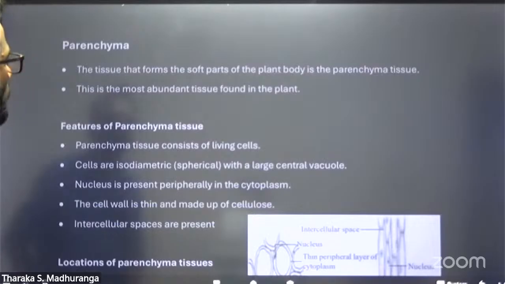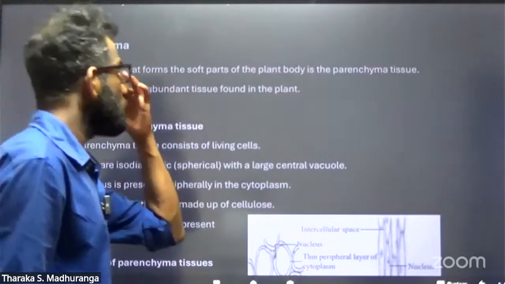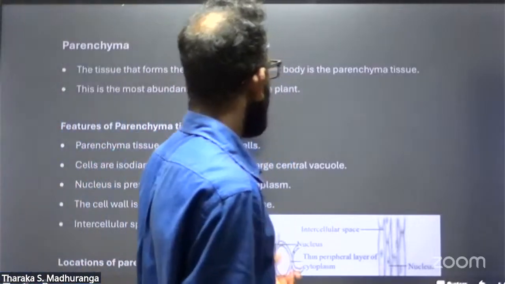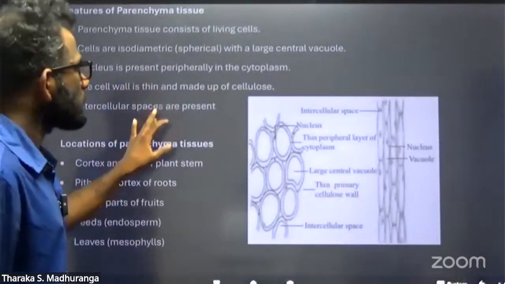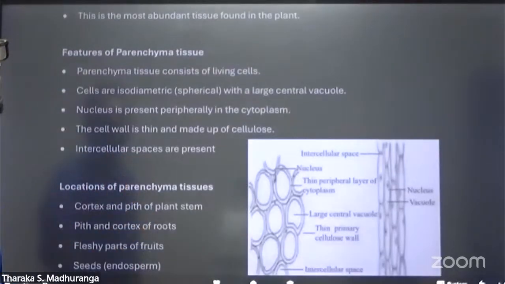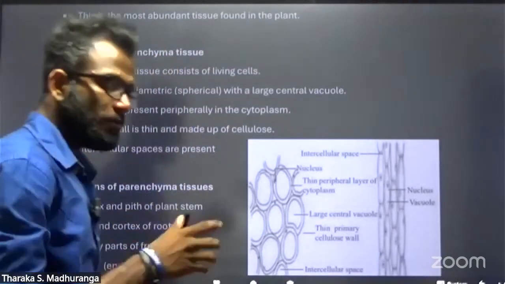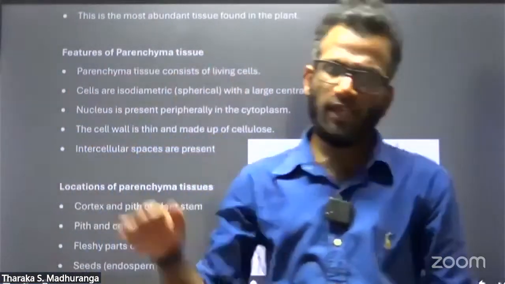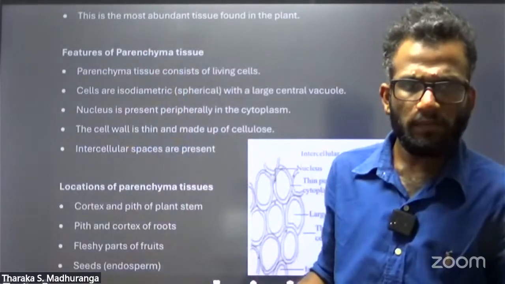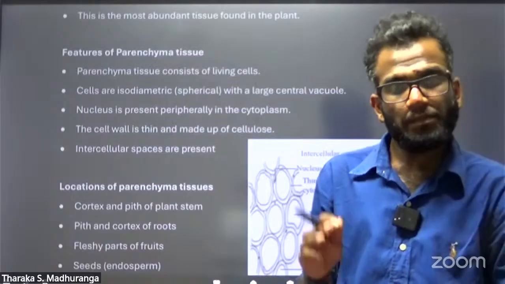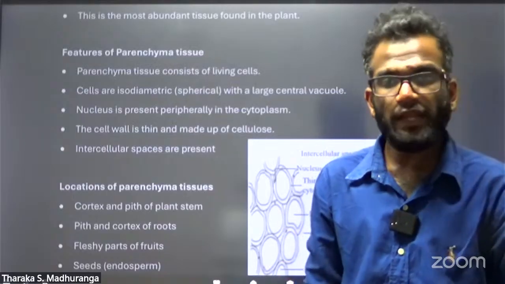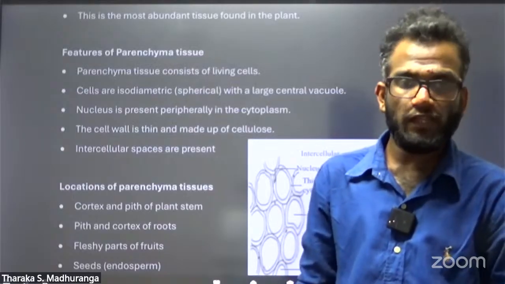This is the most abundant tissue found in the plant. The main feature, you don't need to remember every feature, is that parenchyma tissue is mainly important for the photosynthetic process.